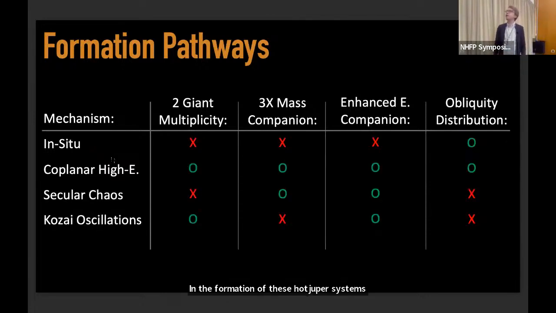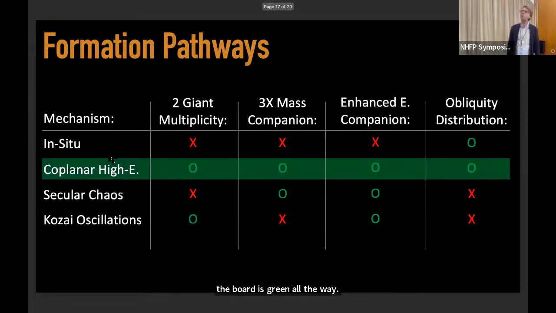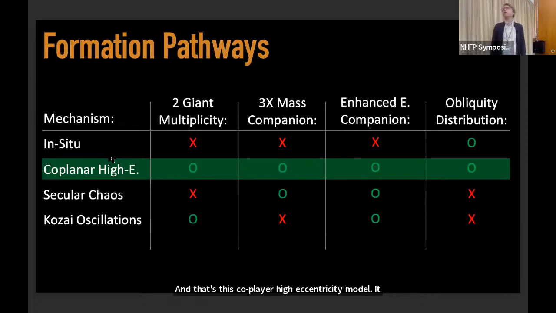So what's the breakdown when we apply all of these constraints to the different models? We can see that there seems to be one model that is green all the way across, and that's this coplanar high eccentricity model. It seems to match up with all the findings from our demographic sample, 2 giant multiplicity.